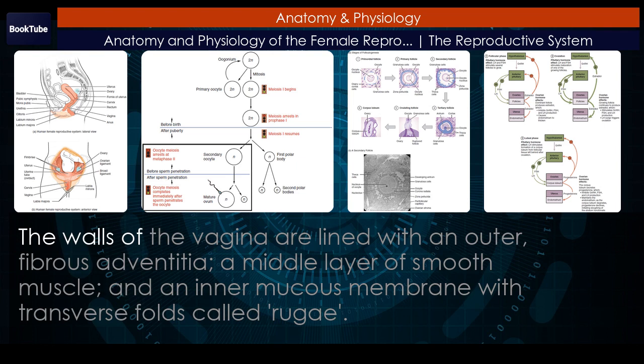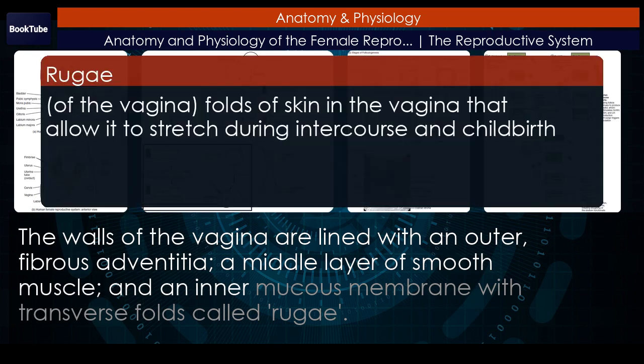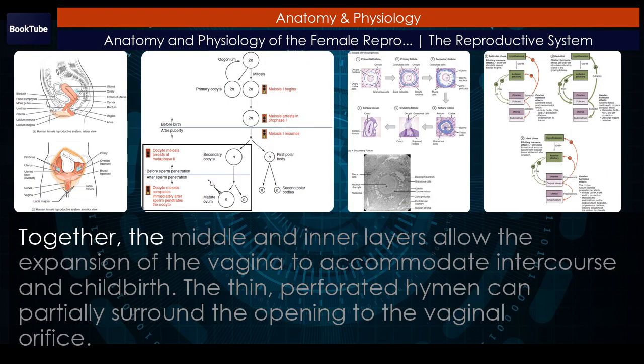The walls of the vagina are lined with an outer, fibrous adventitia, a middle layer of smooth muscle, and an inner mucous membrane with transverse folds called rugae. Together, the middle and inner layers allow the expansion of the vagina to accommodate intercourse and childbirth.